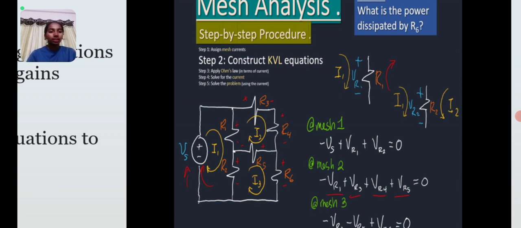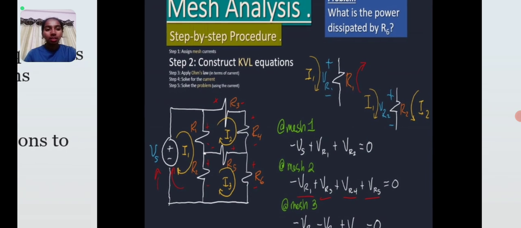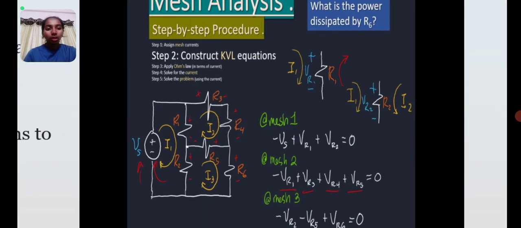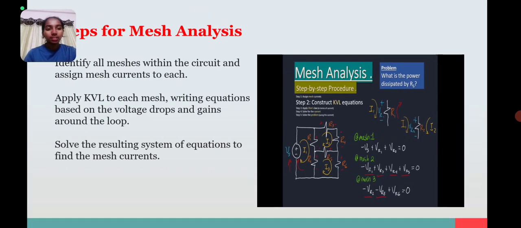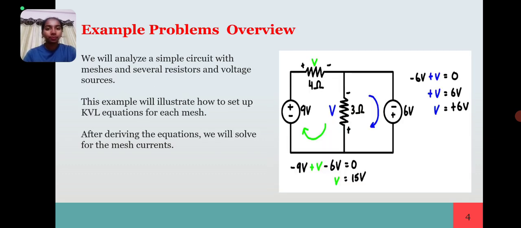When we calculate KVL across mesh 1, it gives minus Vs plus Vz1 plus Vz3 is equal to 0. Similarly, we can apply KVL for mesh 2 and mesh 3 also.